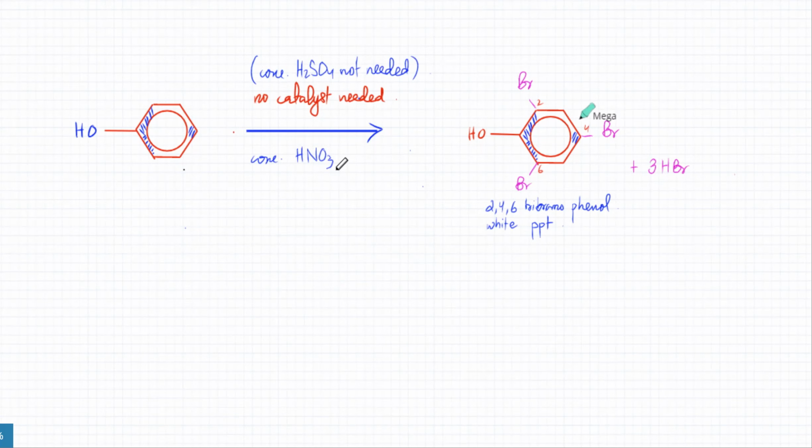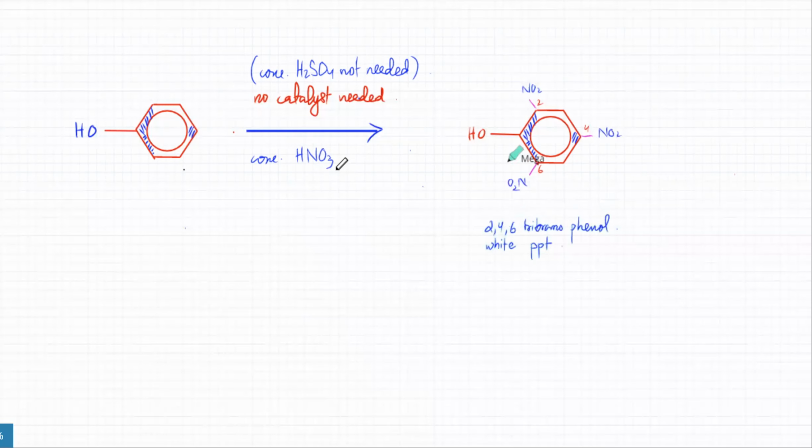And the same thing happens. Instead of 3 bromines, this time you'll have 3 NO2 groups that are going to get attached to it. And there's going to be an NO2 group attached over here as well. And this is going to be called 2,4,6-trinitrophenol.